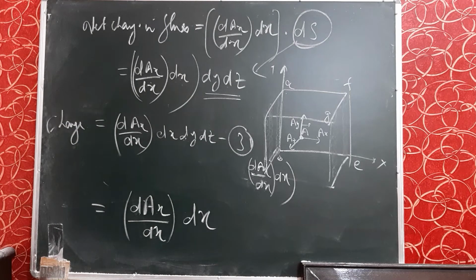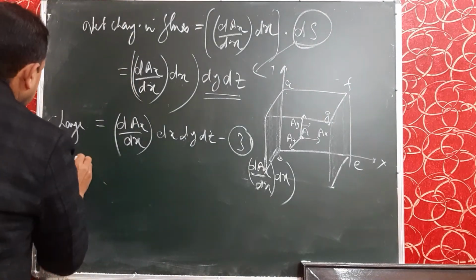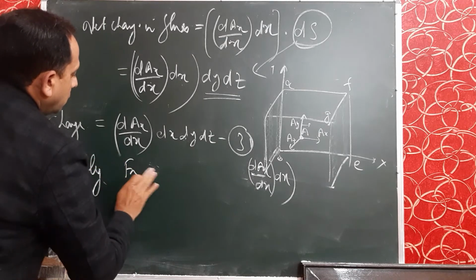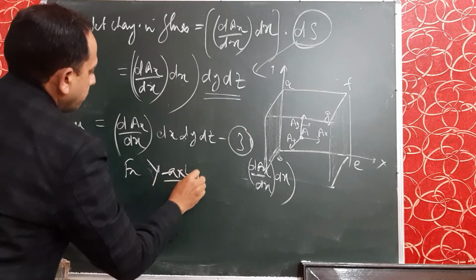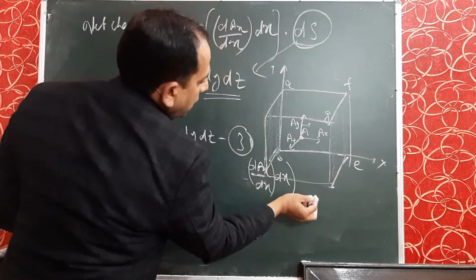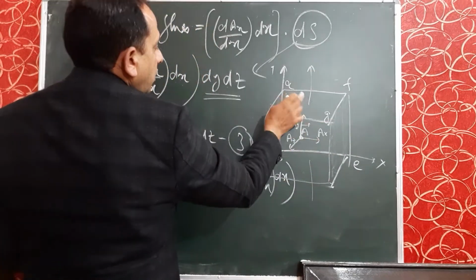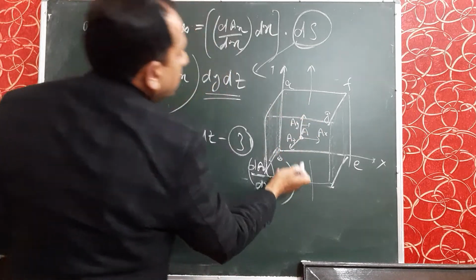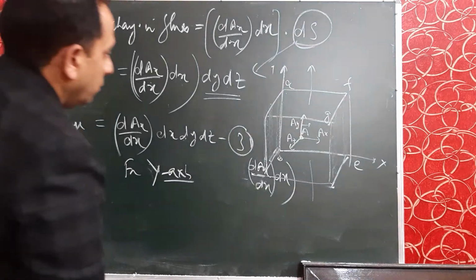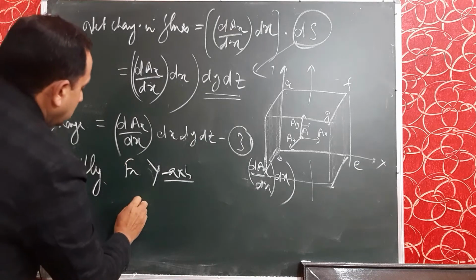Okay. Similarly, we will solve for y-axis also, because y means along this side, the flux entering from this side and leaving from this side, and the net change from leaving minus entering is the change in flux within the cuboid. I will not solve that change, I am writing the change in flux along y-axis.